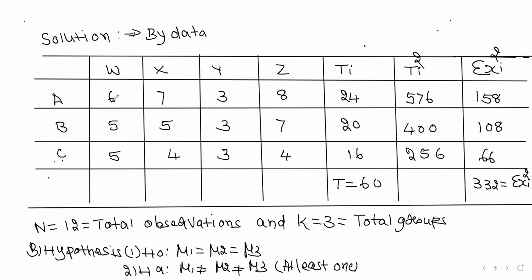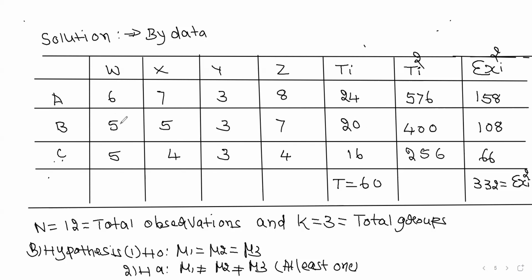Means 6 plus 7 plus 3 plus 8. This is 24, and 24 square is 576. Now, next 6 square plus 7 square plus 3 square plus 8 square, and that is 158. And next 5 plus 5 plus 3 plus 7, this is 20. 20 square is 400.